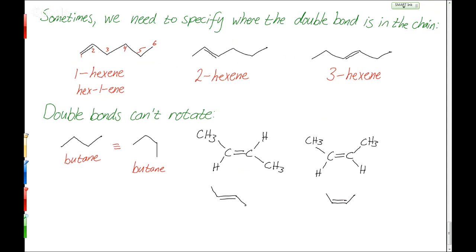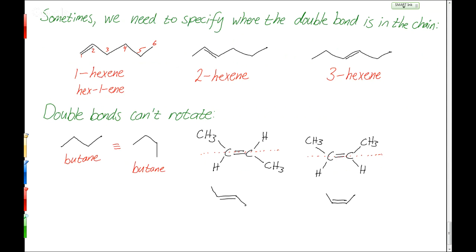And so what we do to figure this out is we have to give them another name or use some other indicator to show that these are in fact different structures. So what you do is you draw a line or a pretend line parallel to the double bond, like that.